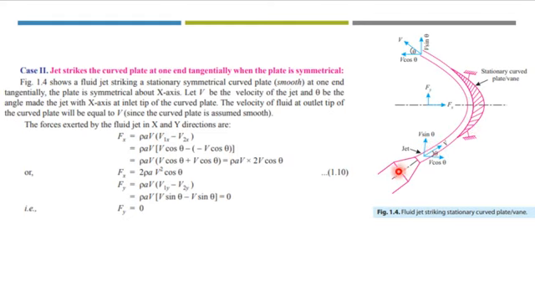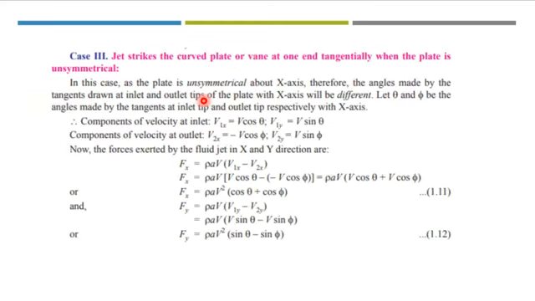And the last case is that the jet is striking at one end, but in that case, the plate is unsymmetrical. Therefore, angles made by tangents drawn at inlet and outlet tips of the plate with x-axis will be different. Let theta and phi be the angles made by tangents at inlet tip and outlet tip respectively with x-axis.